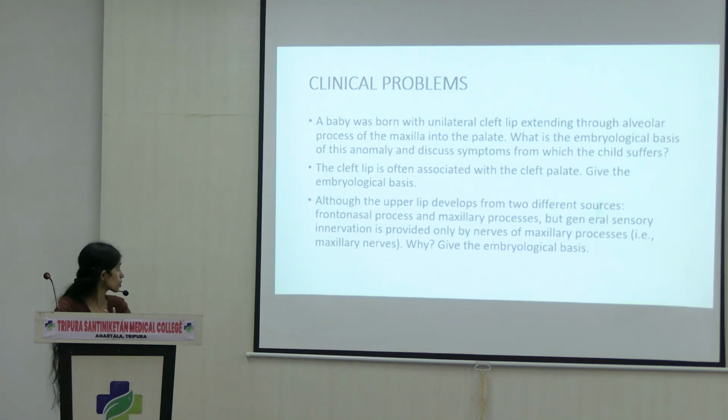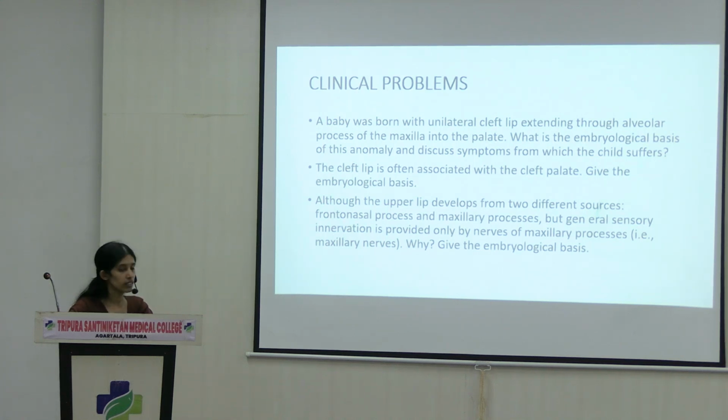So, in the third question, the upper lip developed from two different sources. So, what are the two different sources? It is the frontonasal process and maxillary process, but general sensory innervation is provided only by nerves of the maxillary process, that is the maxillary nerves. Why?